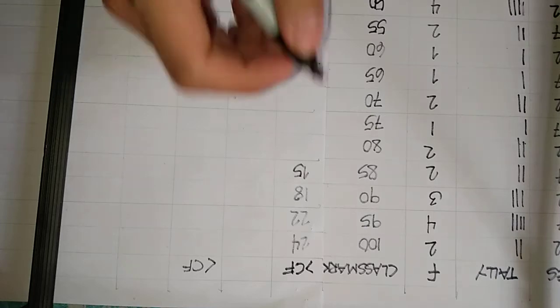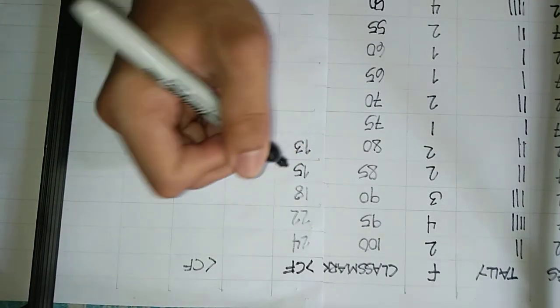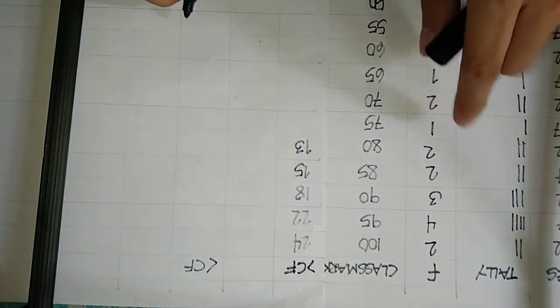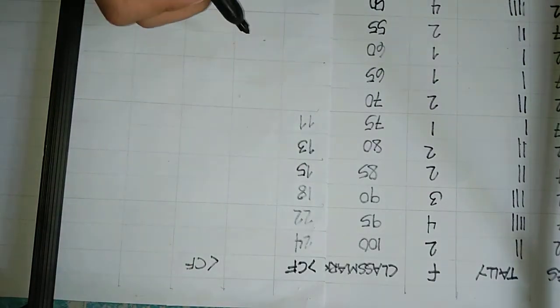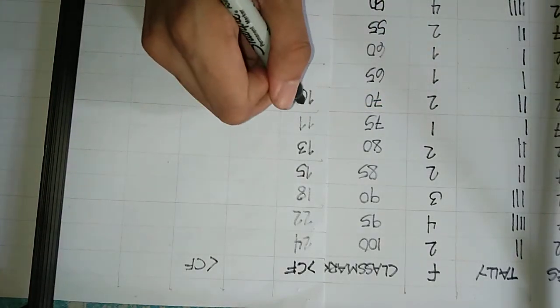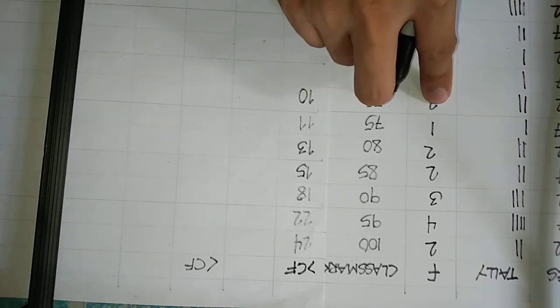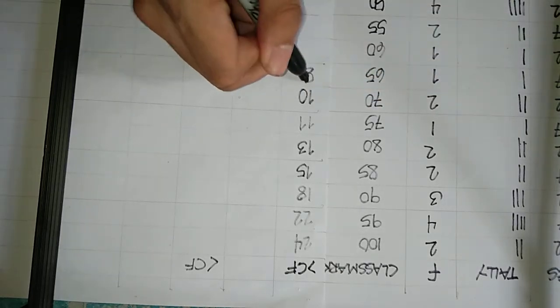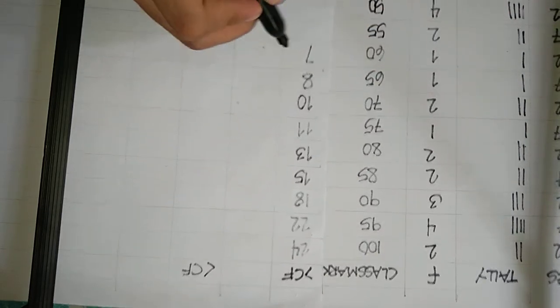So, next thing to do is 15, yung ating cumulative frequency less than, 15 minus 2. Now, we will have 13. 13 minus 2, we will have 11. 11 minus 1, we have 10. 10 minus 2, we have 8. 8 minus 1, we have 7.